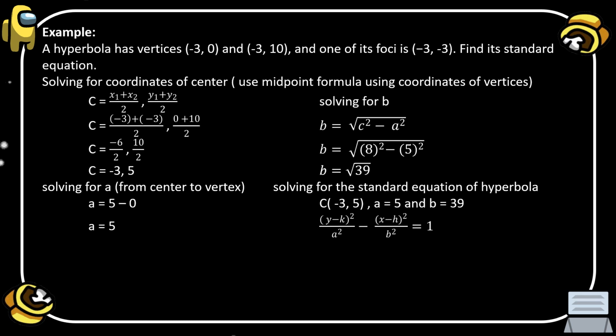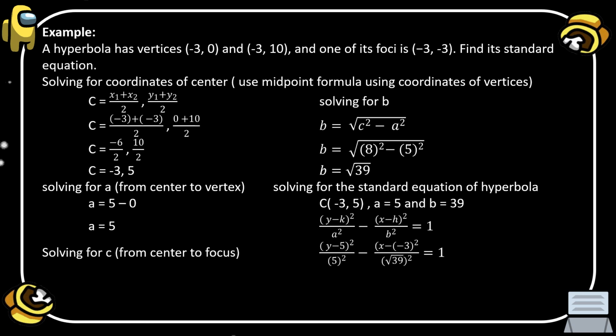How about the value of c? How do we get c? We cannot directly get b. Why? Because we need the value of c using the formula. So, how do we get the value of c? Remember that c is the distance from the center to the focus.